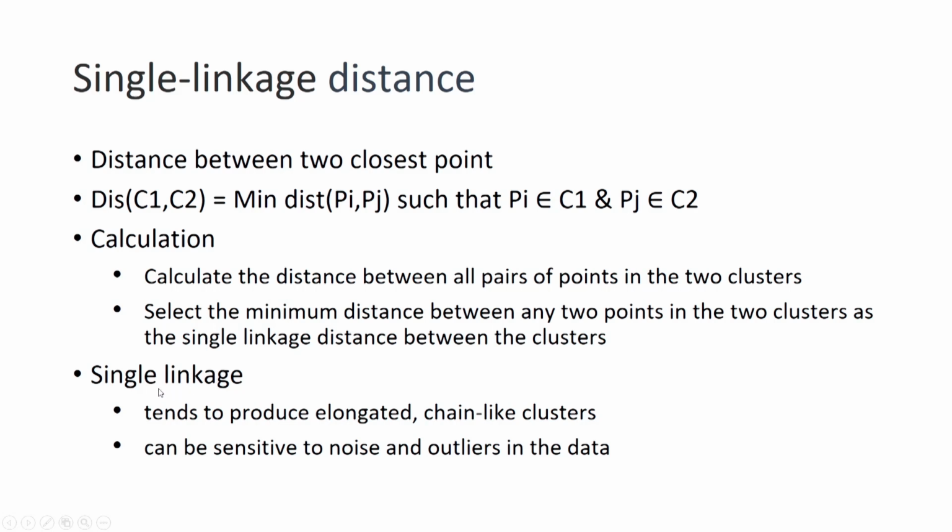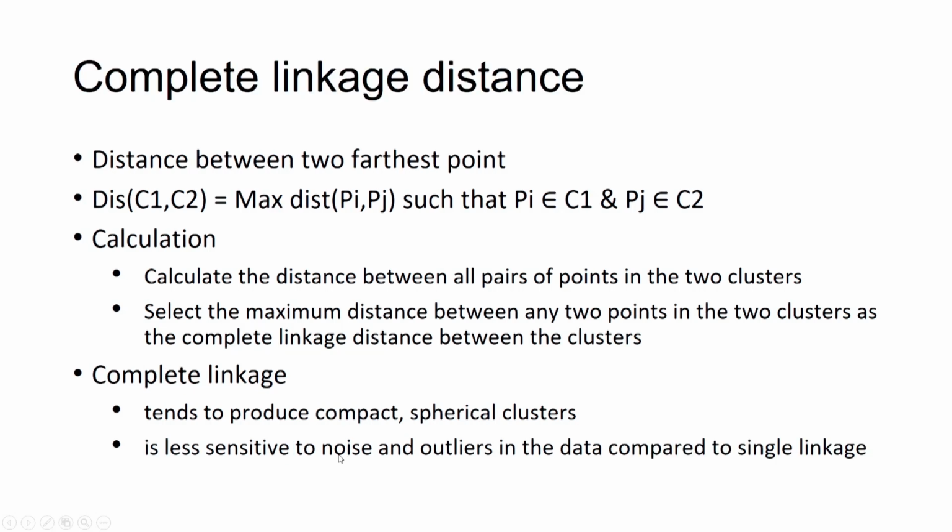In this case, if we are calculating the distance between two clusters using single linkage distance, it tends to produce elongated, chain-like clusters, because we are only seeing the distance between two closest points, and the rest of the points may be farther away. It can also be sensitive to noise and outliers in the data, because we are only considering the points that are closest to each other.